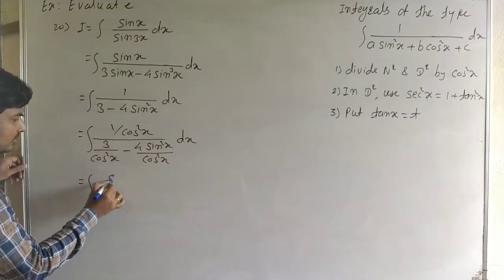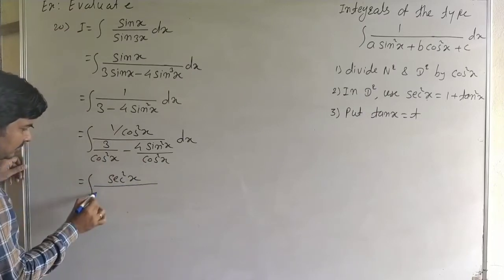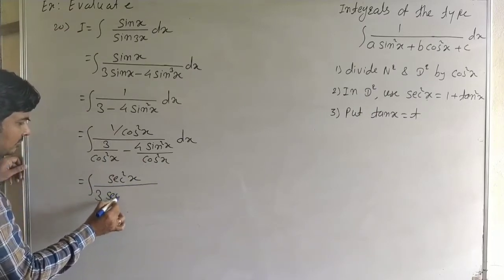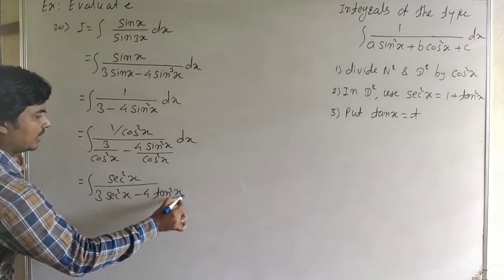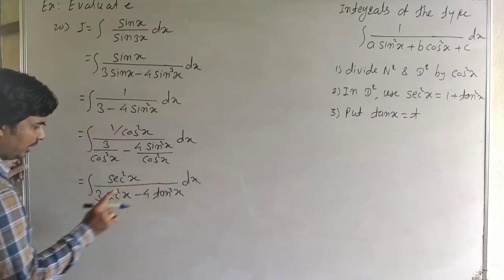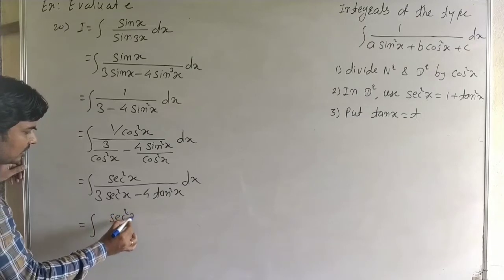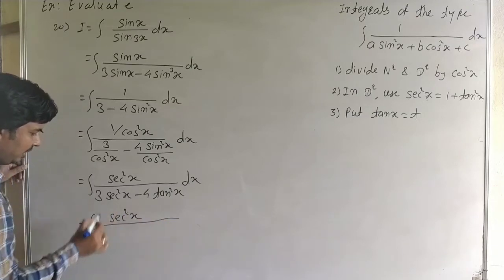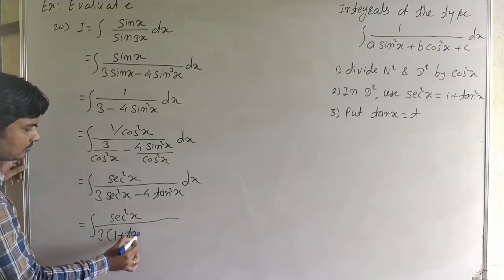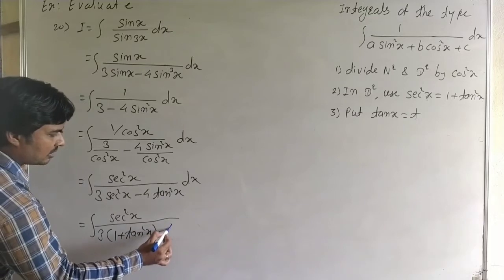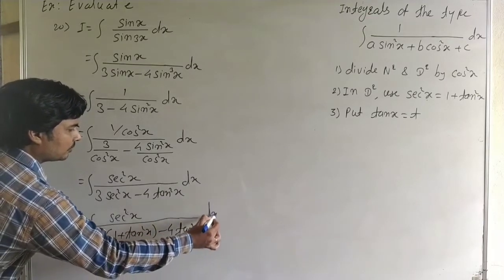Then it is sec square x, 1 by cos square x, upon 3 sec square x minus 4 tan square x dx. Numerator sec square x as it is; in the denominator we can use sec square x is equal to 1 plus tan square x, so 3 into (1 plus tan square x) minus 4 tan square x dx.